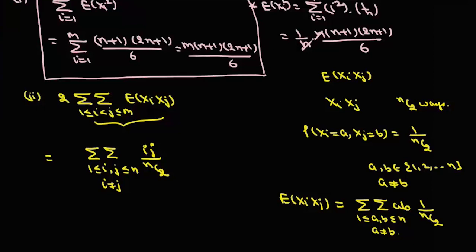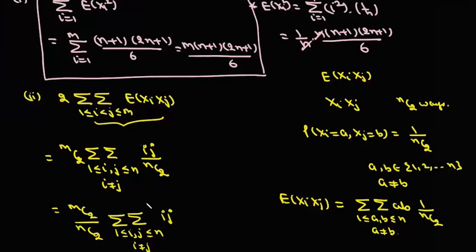And also, how many such pairs will be there for this combination from 1 to n? So for these m numbers, the total number of such combinations will be simply mC2. So we can simply write this as mC2 upon nC2 summation i and j varies from 1 to n, where i is unequal to j, i into j.